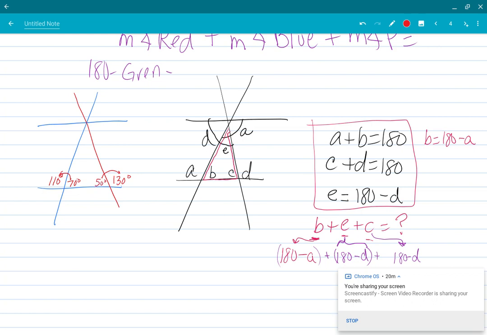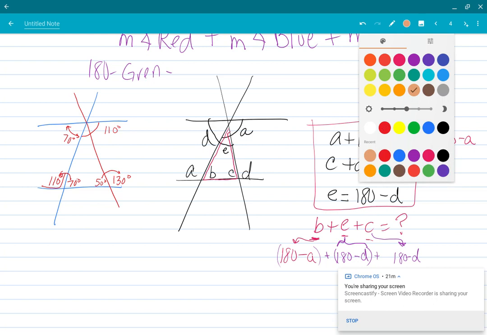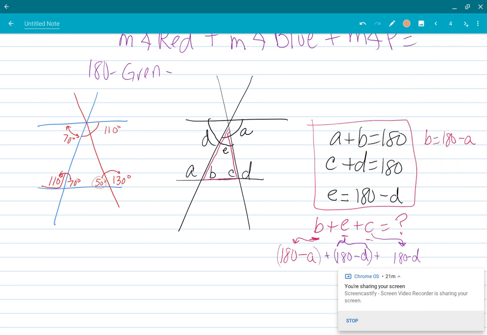Now, if this is 110, this is also 110, right? And what would this little piece over here be? 70. That makes sense? Yes. Now, if this is 50, that means this little piece is 50. So what's this little piece right here?